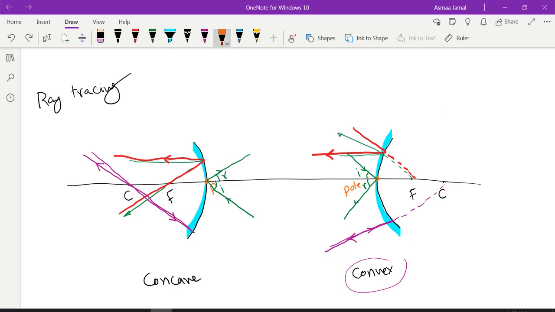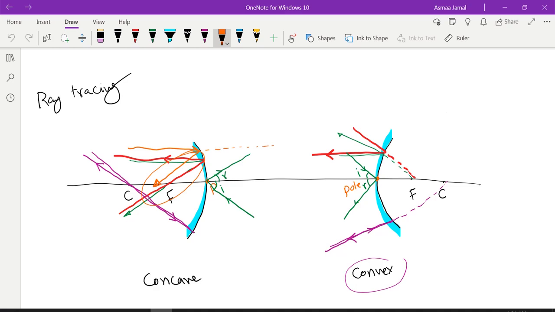As you can see here, this is the path of the light. Normally, the light should complete its path in the same direction, but the mirror inverted it back, which means the direction of light now, because of reflection, will go in the opposite direction.